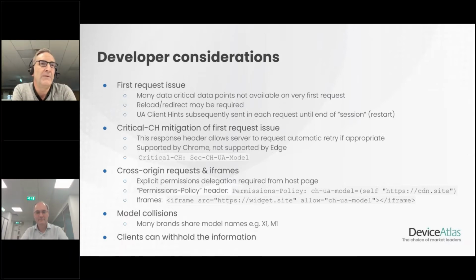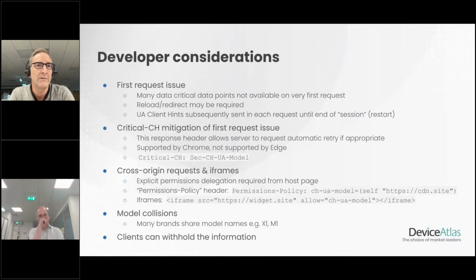Now it is worth noting that subsequent to the first request, if a server asks for the hints and the client chooses to send them, they will be sent thereafter in every subsequent request until the browser restarts. Now Google know that the first request issue is really an issue, so they have a partial mitigation in place in the form of a new proposal called critical client hints that in effect automates the browser retry if it chooses to send the additional details that it was asked for.